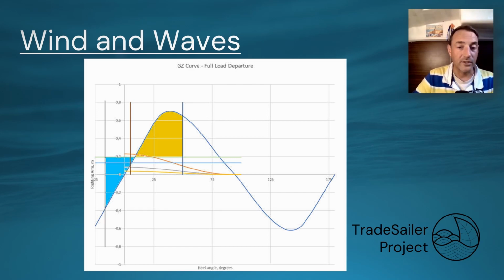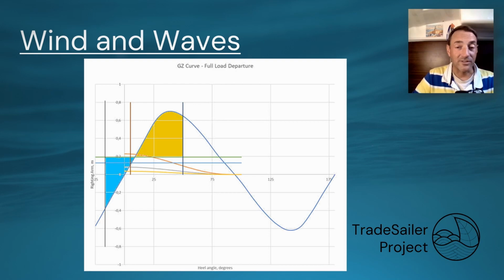And then we've got the brownish line toward the black line, from about 15 degrees back down to minus 15 degrees, which is the wave energy. The requirement for the stability is that the area in light blue is less than the area in the orange, brown, yellowish color.